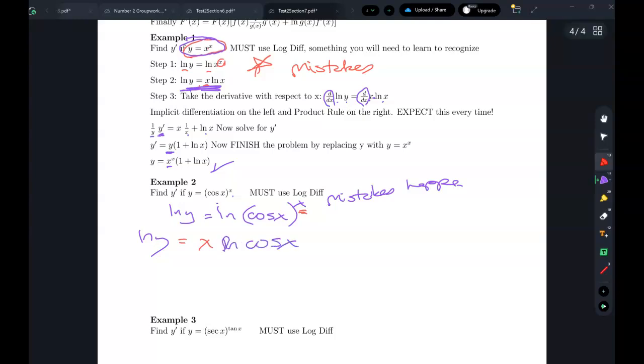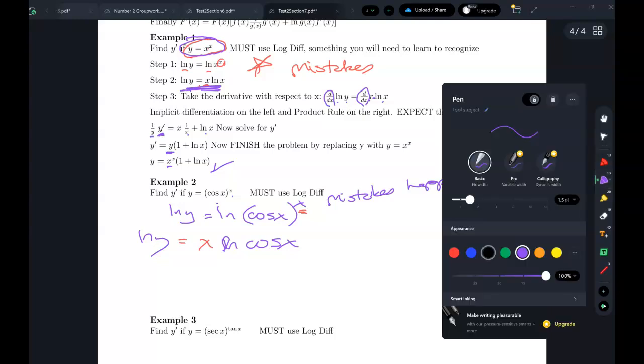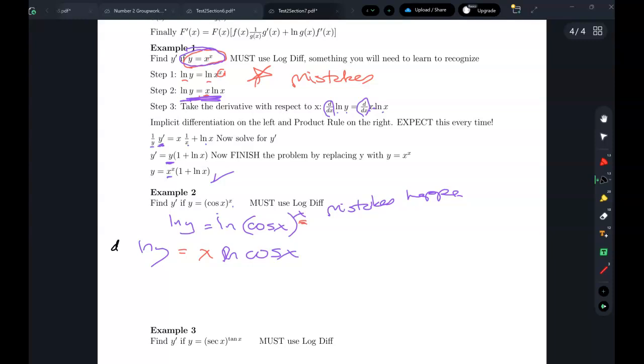Okay, so now I'm going to take the derivative of both sides with respect to x. The derivative of ln of y will be 1 over y, and you know these letters are not the same, so it's y prime equals.